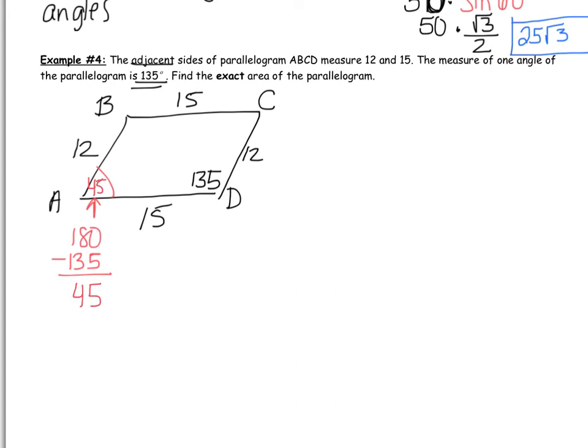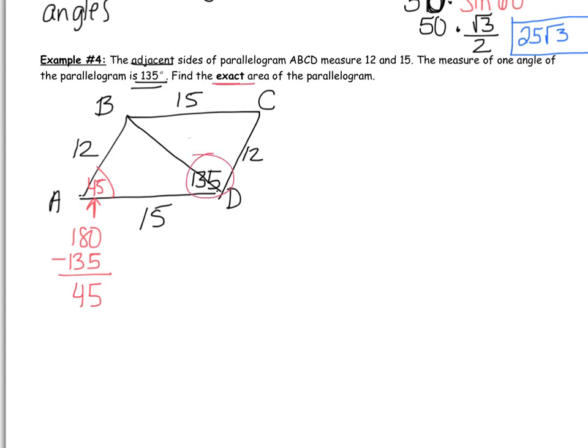Now, it won't matter if you put the diagonal this way and use the 12, the 45, and the 15, or if you put the diagonal this way and use the 12, the 15, and the 135. Either way, you'll still get the right answer. Let's use, for argument's sake, the one with the 45, because that makes life a lot easier, because then I don't have to use quadrants or CAST to find the exact area with this 135.